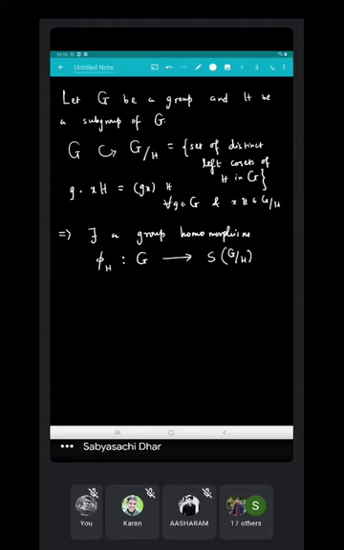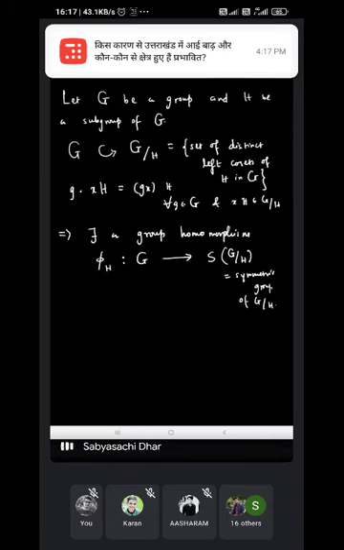It is the symmetric group of X, so it is the symmetric group of G mod H.